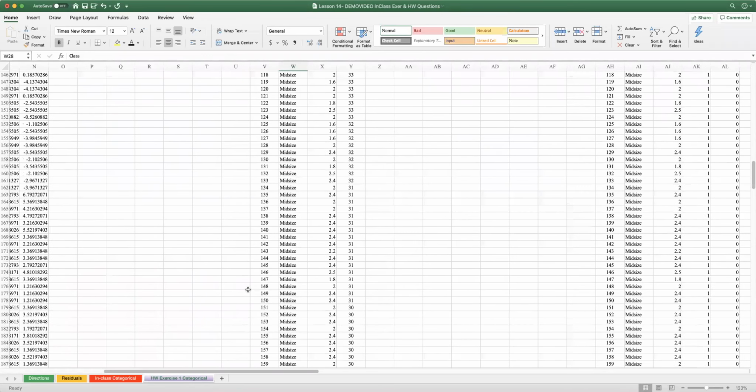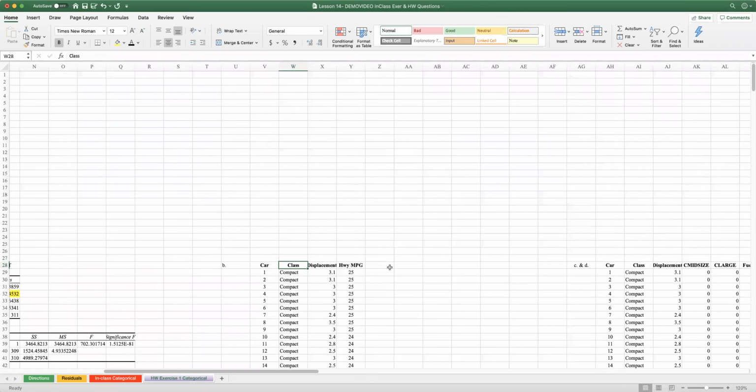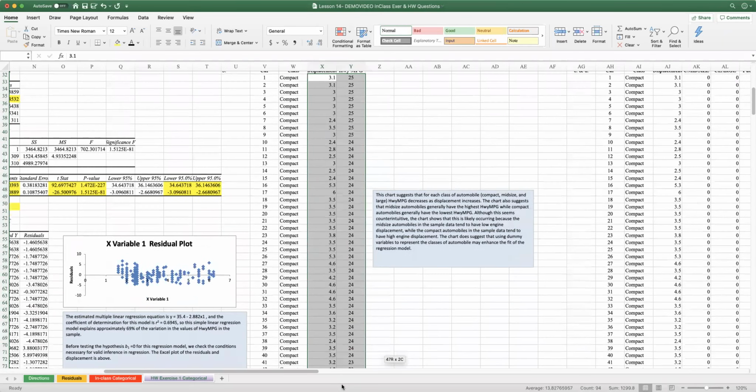Okay, so we'll go ahead. When you go to put this chart on, only highlight the compact, because then we can add a second series and a third series for the midsize and the large. So we're going to highlight just the compact.